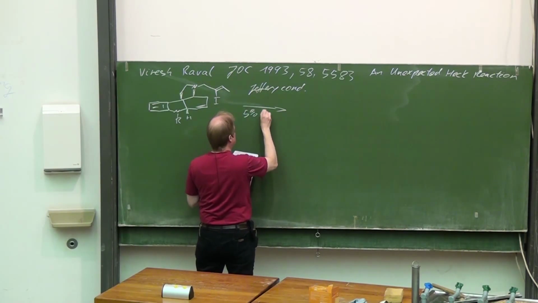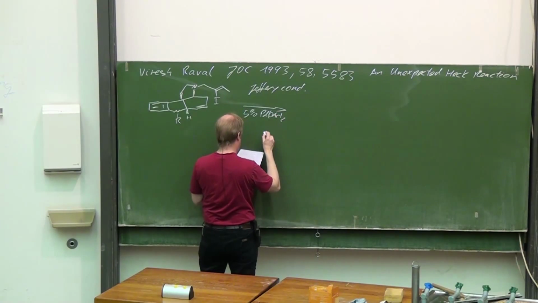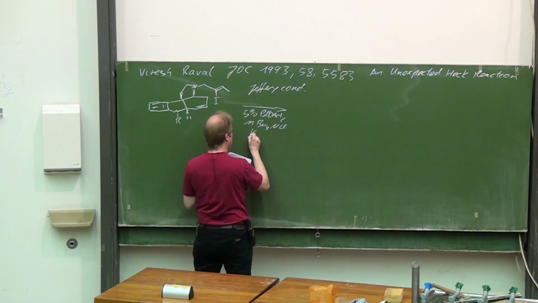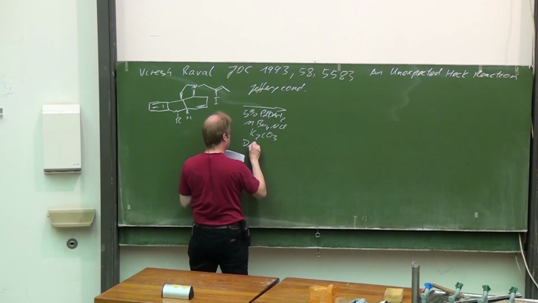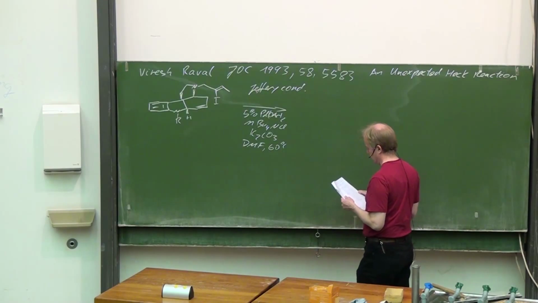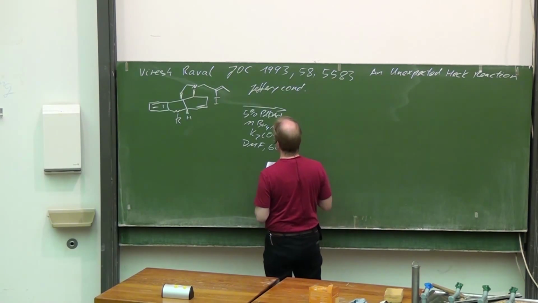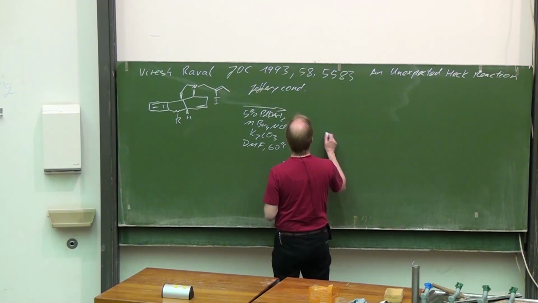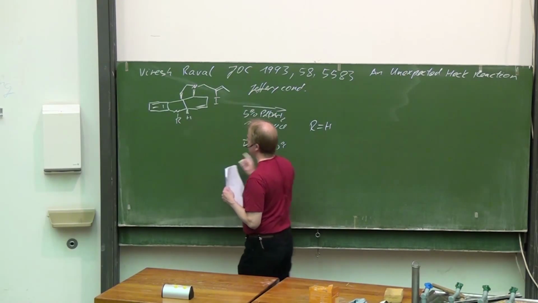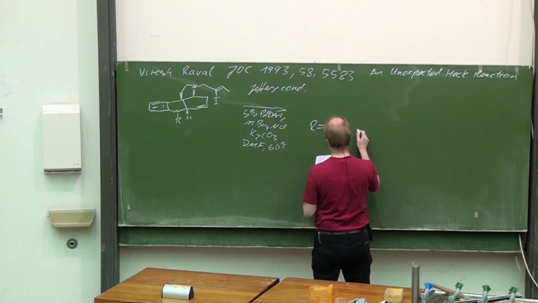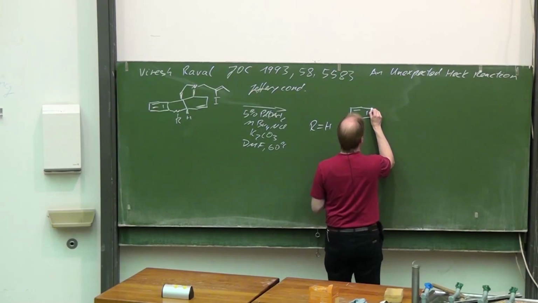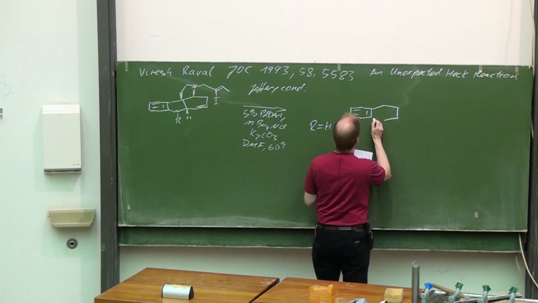That was 5% palladium acetate, tetra-n-butylammonium chloride, potassium carbonate as the base, DMF, and 60 degrees as the reaction temperature. What he obtained for the case that the substituent R is just a hydrogen was this structure.